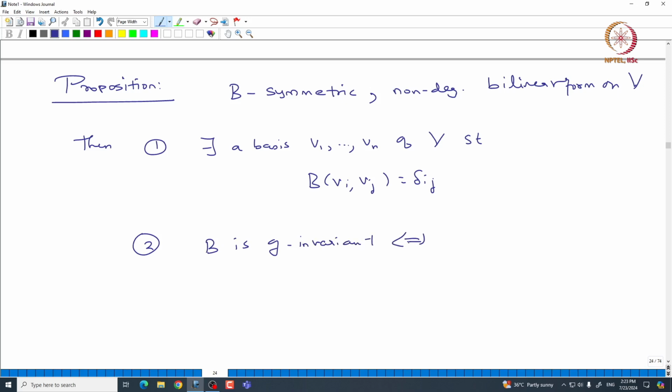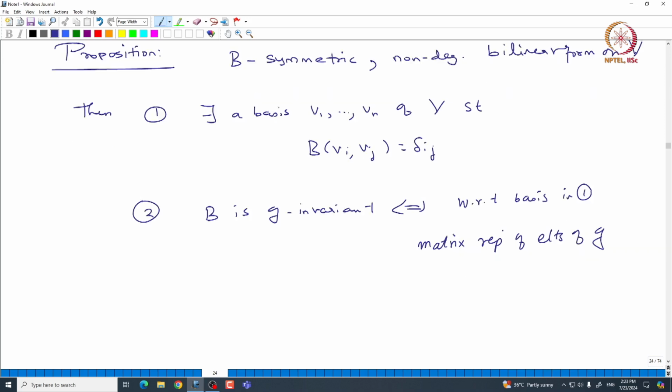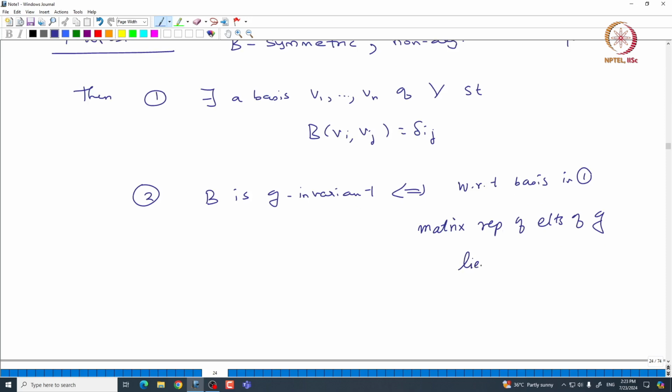With respect to the basis in 1, look at the matrix representation of elements of G. All of them must lie inside SO(n).